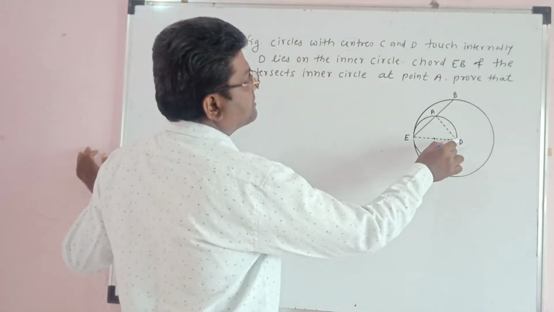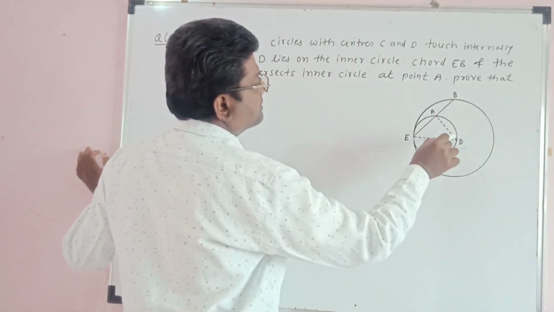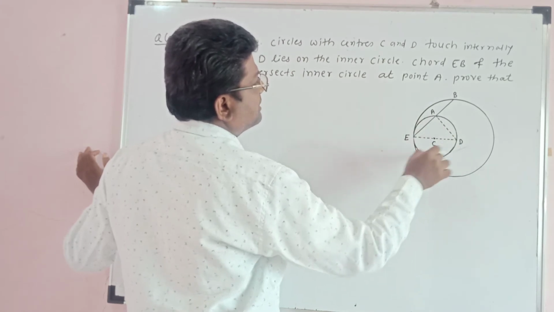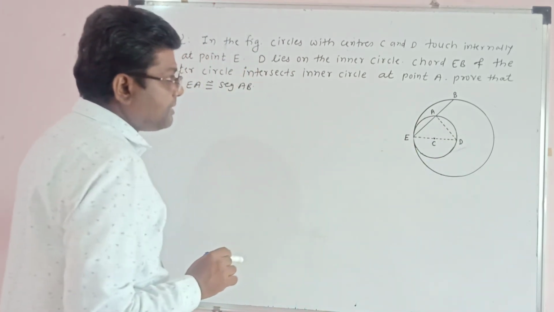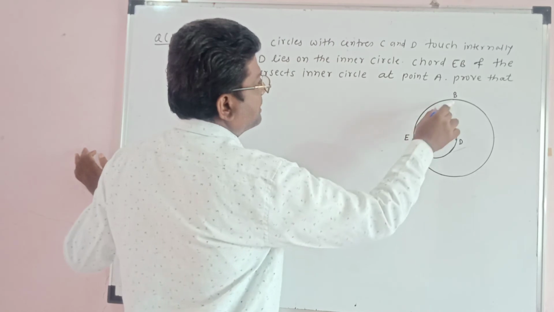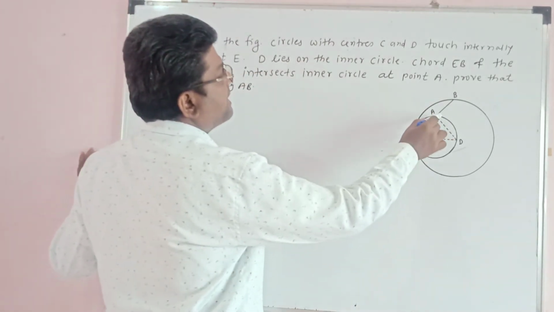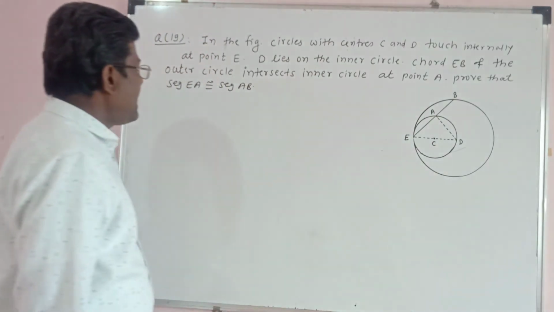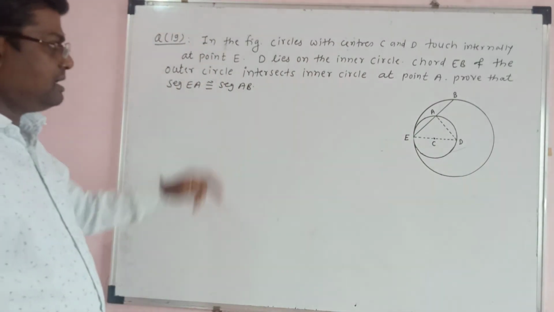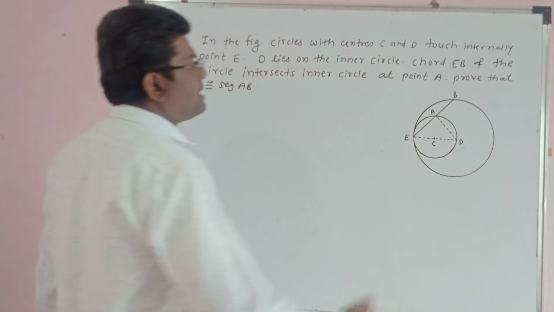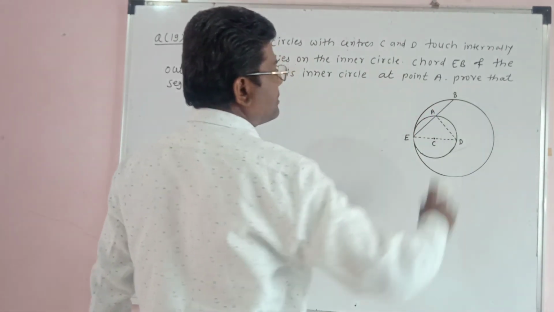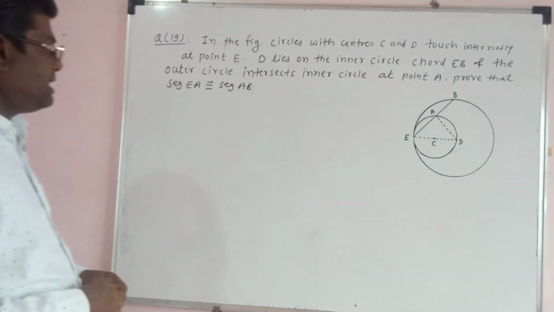Point D is the center of the outer circle, which lies on the inner circle. Chord EB of the outer circle intersects the inner circle at point A. Prove that segment EA is congruent to segment AB.